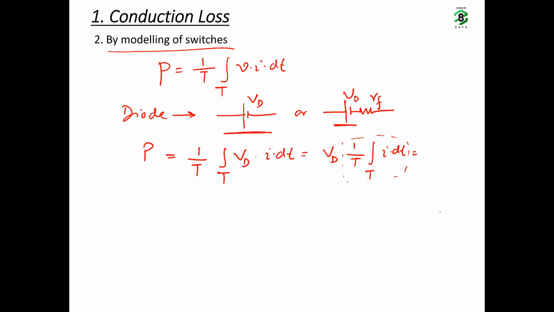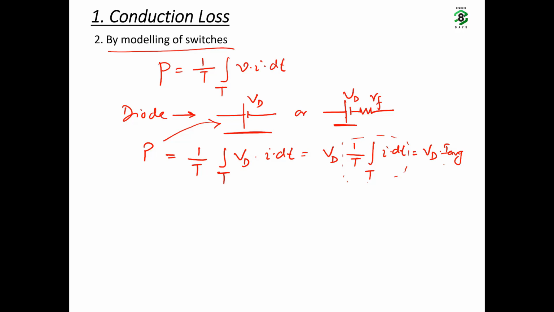So Vd into I average. Okay, so this is the way we can calculate the power for this type of switch. If we are representing the diode by an equivalent voltage source only, then we will calculate the power using the voltage drop across the diode into the average current flowing through the diode.